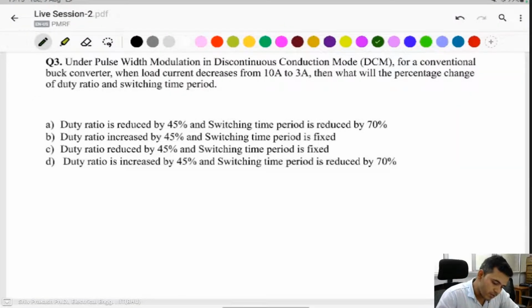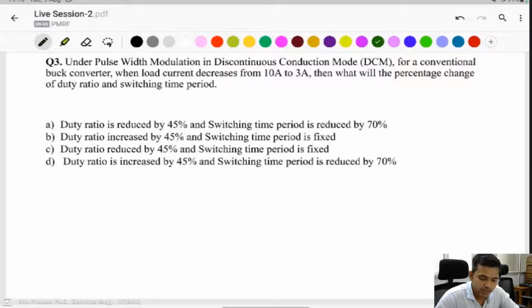The third one: pulse width modulation in continuous conduction mode in a conventional buck converter. When load current decreases from 10 ampere to 3 ampere, what will be the percentage change of duty ratio and switching time period? In pulse width modulation technique, the switching frequency is fixed.